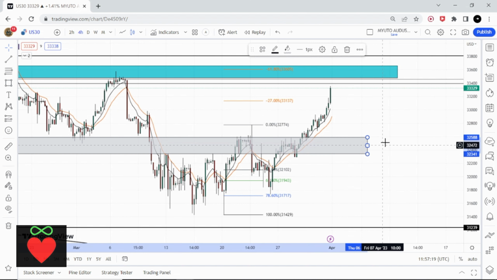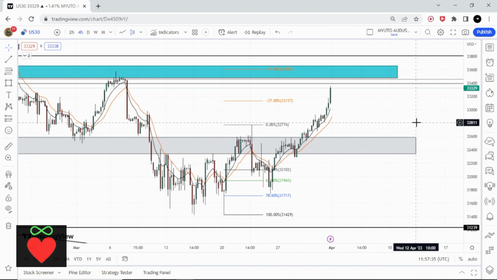So 32,500 and 32,300. So this zone here, this is where I am expecting price to come and retrace and begin its upward movement again. So that's it for US30. You may take away your profits and you may wait for price to retrace.